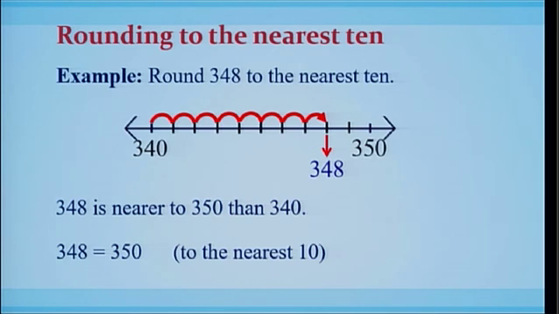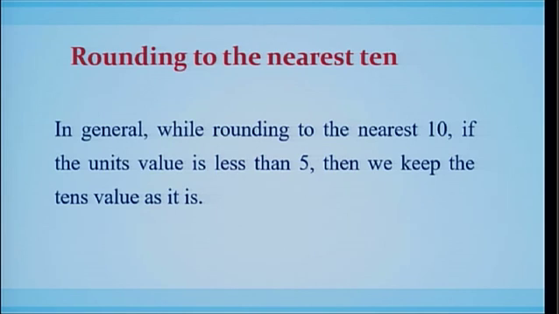Now students, will you be able to draw a number line for every number? Of course not, especially when we have big numbers. So while rounding to the nearest 10, you're going to consider the value which is found in the unit place.